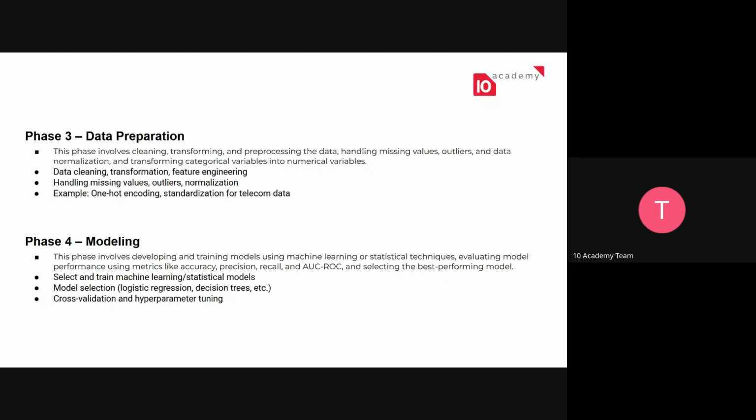So what we need to do is select and train machine learning or statistical models that align with our goal. For different scenarios and business objectives, since there are different types of machine learning models, we might use different ones. Which specific machine learning model is suitable for this specific case?